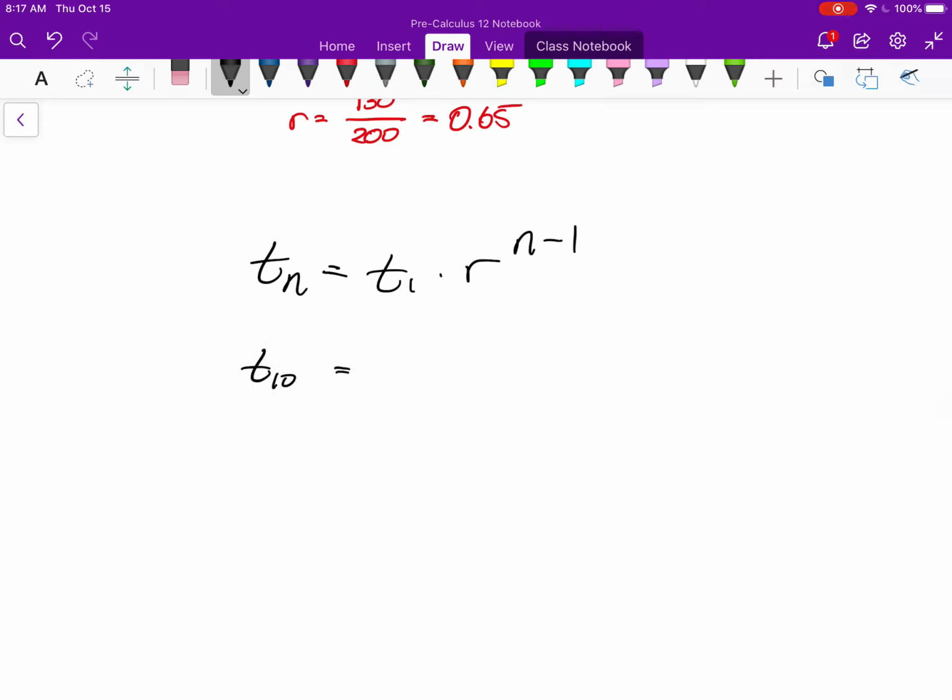It's going to be the first term, which is 200, times the common ratio, 0.65, to the power of 10 take away 1. I can type that into my calculator, and you get about 4.14. So that's my 10th term.